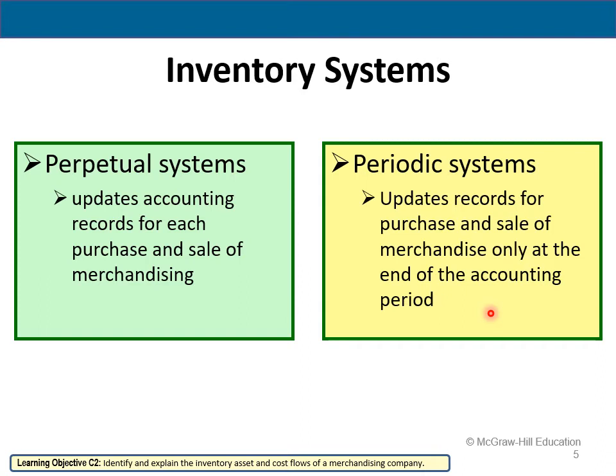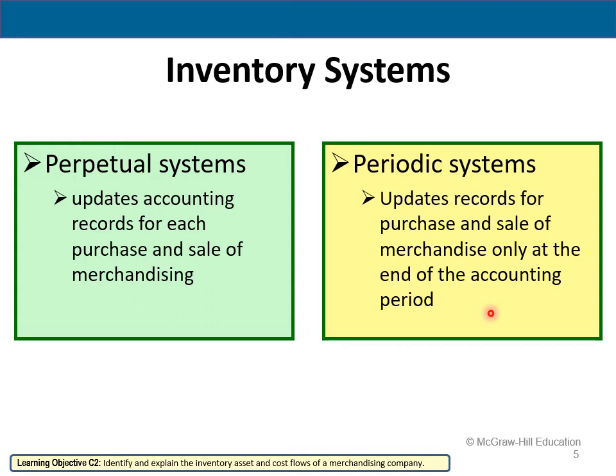And you would subtract that from cost of goods available for sale, which is what was in the warehouse or the store at the beginning of the period plus purchases. So when you count what's on hand at the end of the period, you subtract, and that gives you your cost of goods sold during the period. That's how a periodic inventory system works.